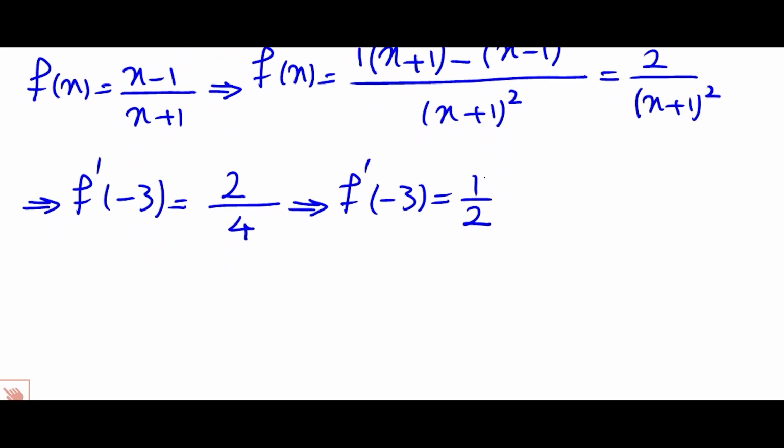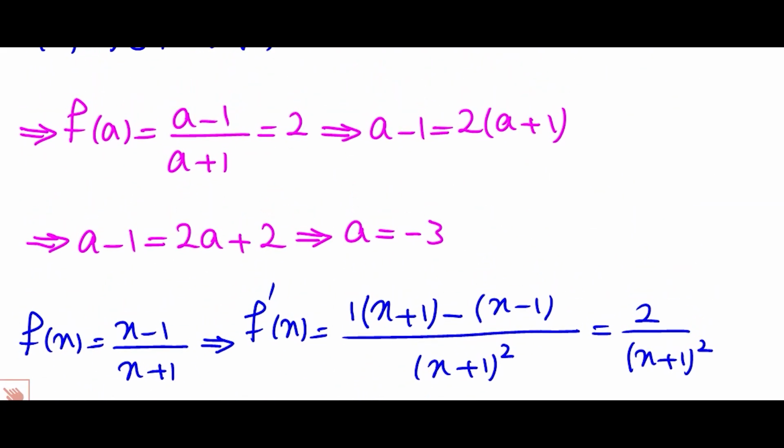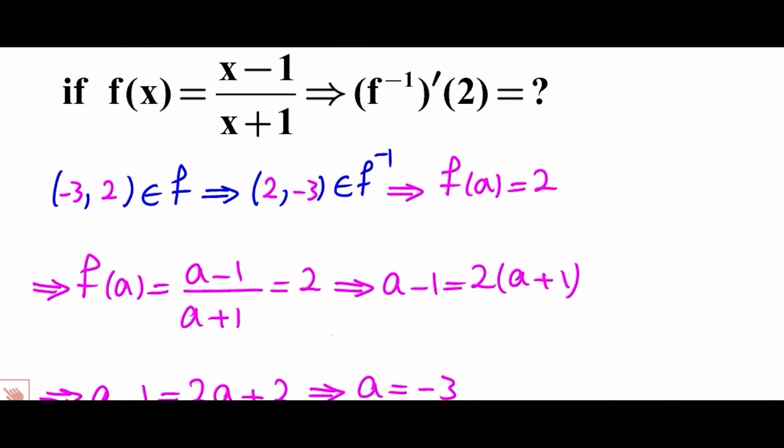So according to this formula, f inverse prime of b is equal to 1 divided by f prime of a. Okay, so f inverse prime of b, where b is 2 and a is equal to negative 3.